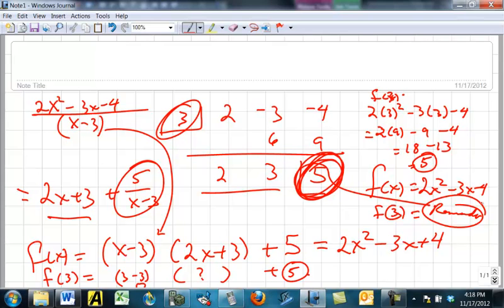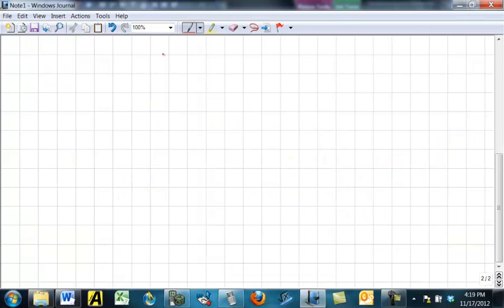Now, this can be useful, particularly when that remainder is 0. So if we've got f of x equals, I'll just do a simple one, x cubed minus 27. What if we do synthetic division and do 3? So 1, 0, 0, negative 27.